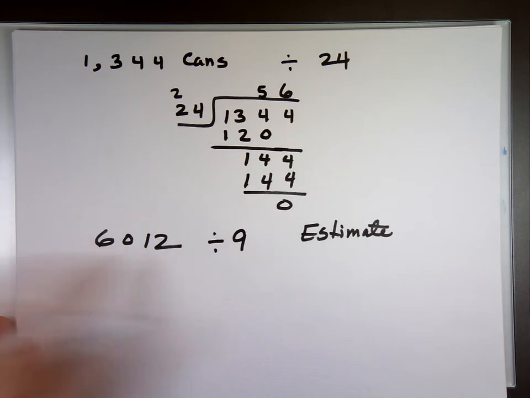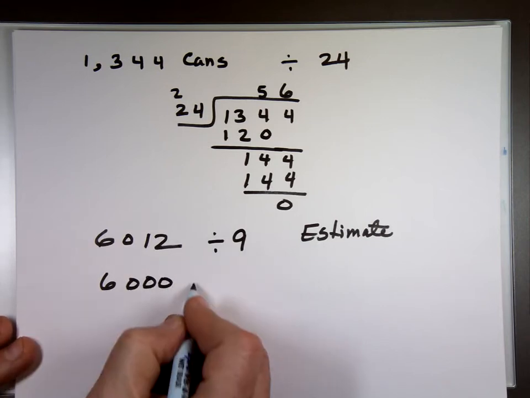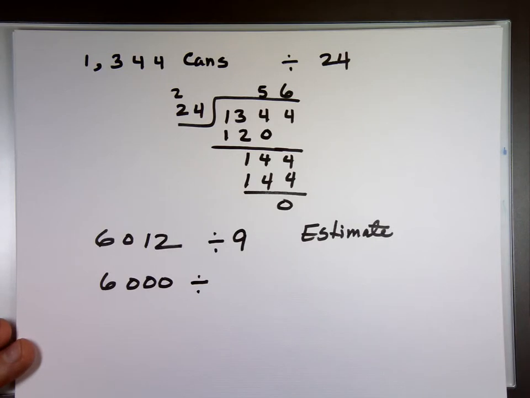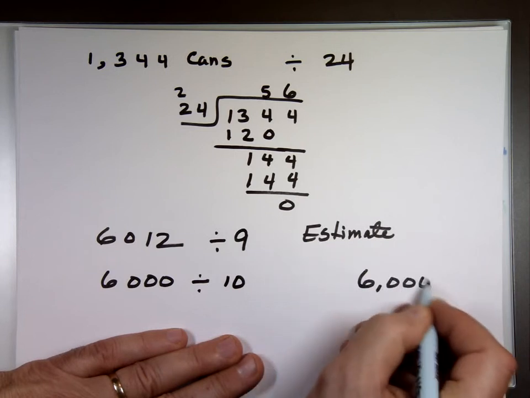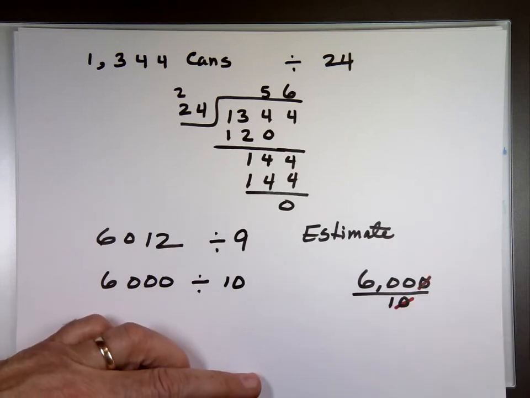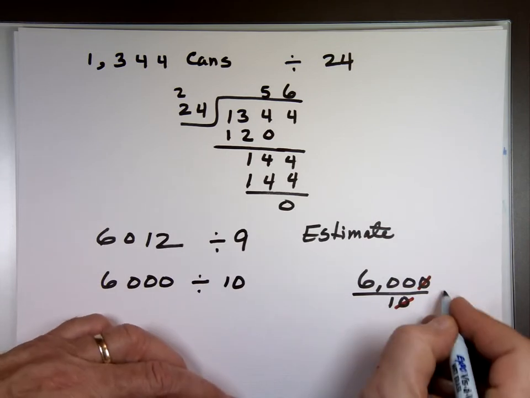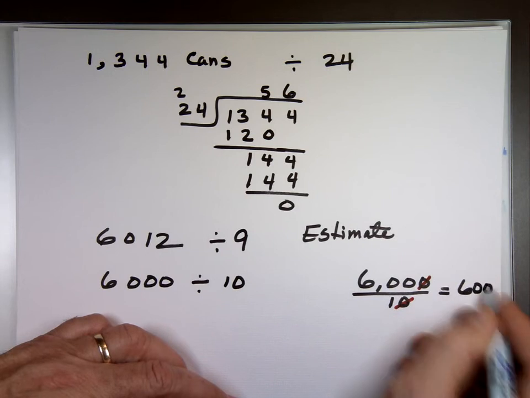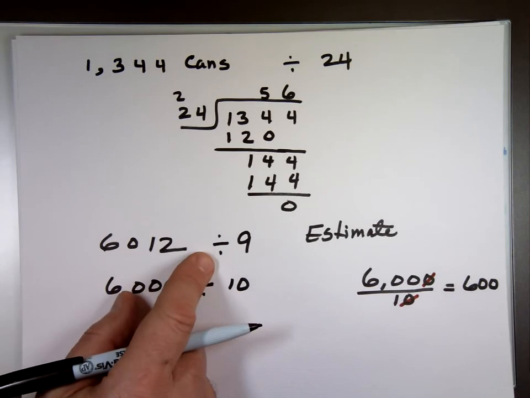The 6012, I can probably round that to what? 6,000, right? Divided by the 9, I can round it to what? 10 is a good number, because now these numbers are divisible. When you divide by 10, if you don't know the shortcut, this one cancels that. You end up with 600 divided by 1. When you divide the number by 1, the result doesn't change. 600. So when you estimate 6,012 divided by 9, approximately that's 600.